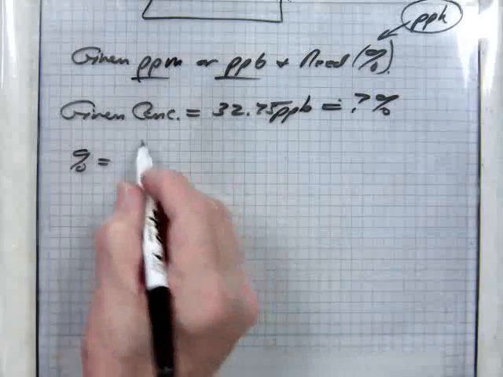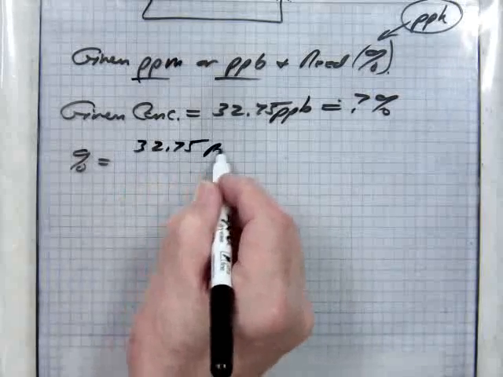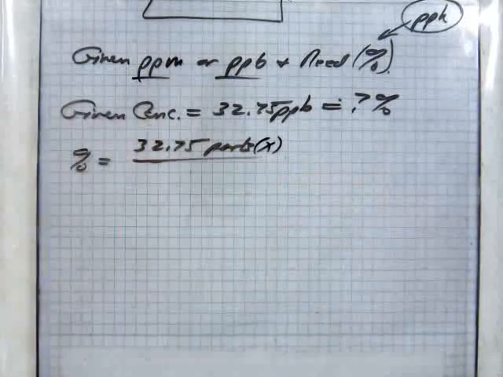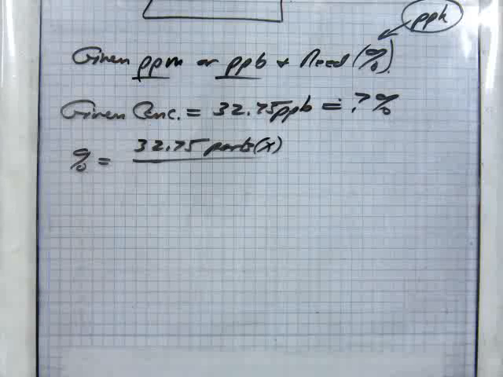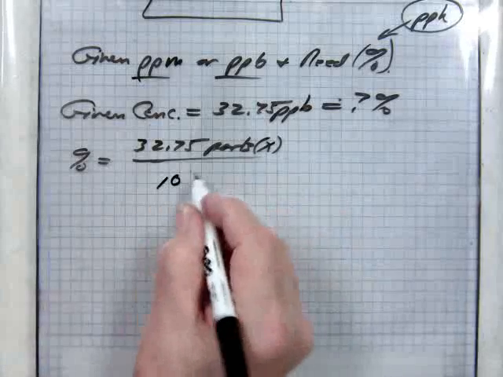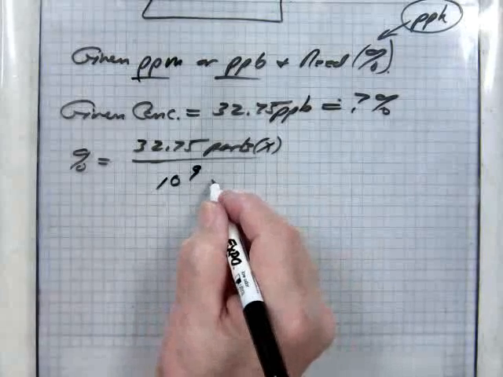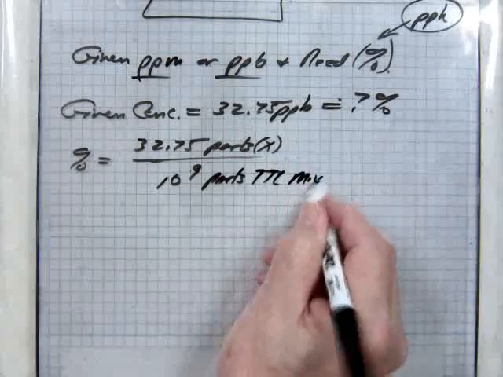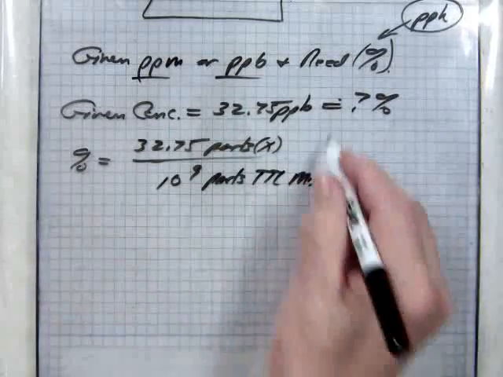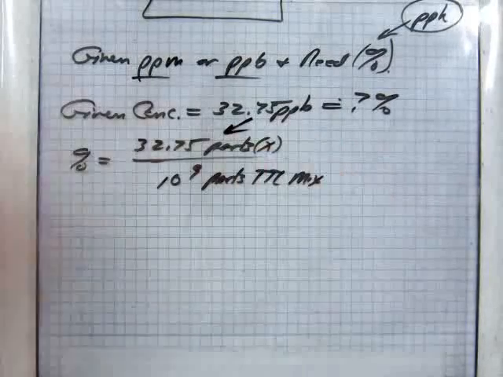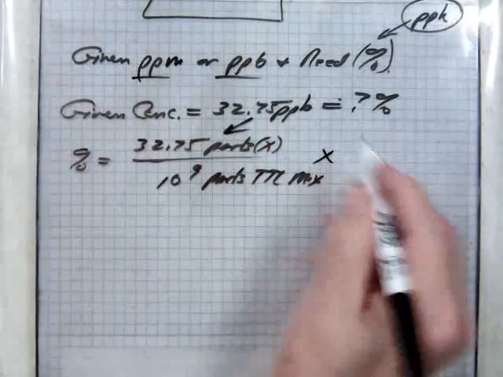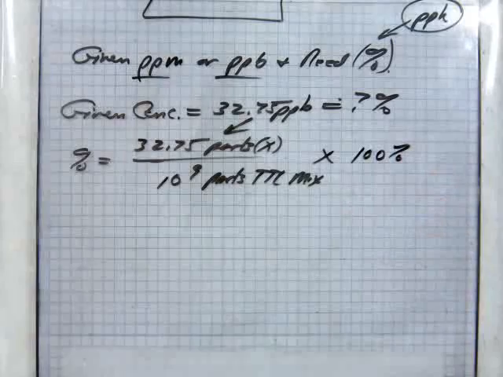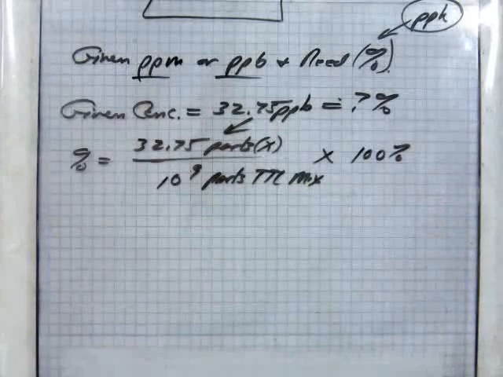Well, that's 32.75 parts X, whatever it is, that's because the assumption has got to be the part, over 10 to the 9th parts total mix. Like that. Now, that's the interpretation of whatever data you're given. So if you're going to a percentage, you multiply times 100 and put a percent on it. And so you take yourself back to the percentage.